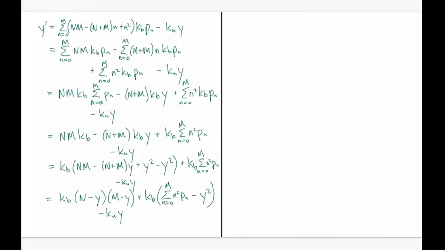This is just the variance of n. So let me write down, as a reminder, what the variance of x of t is.